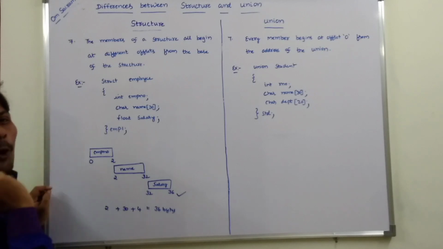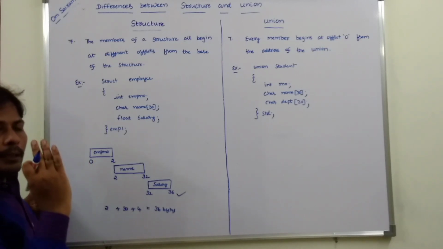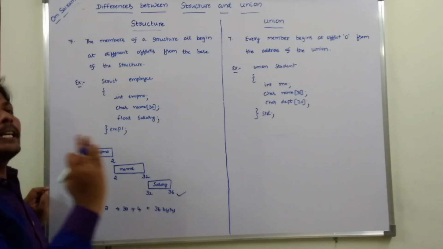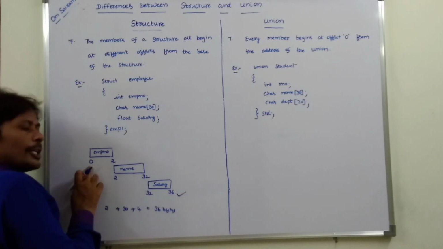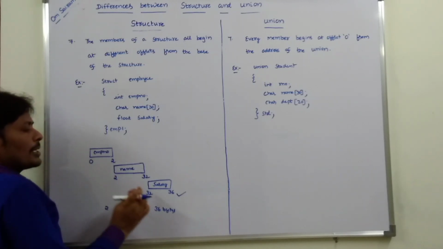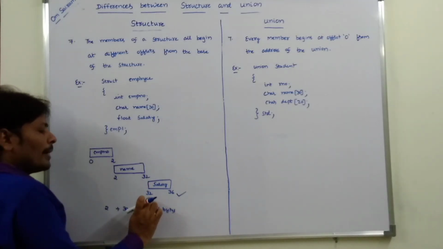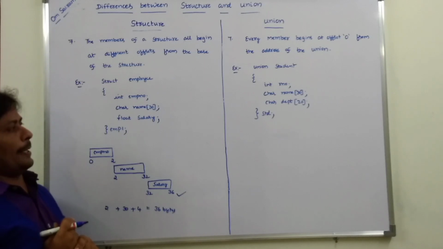So here different offset means each and every member starts at a different location. The first member starts at 0th location. The second member starts at the second location. The third member starts at 32 location in the memory.